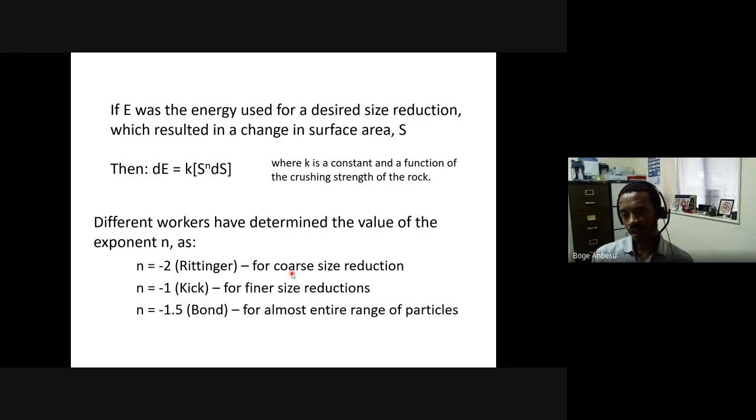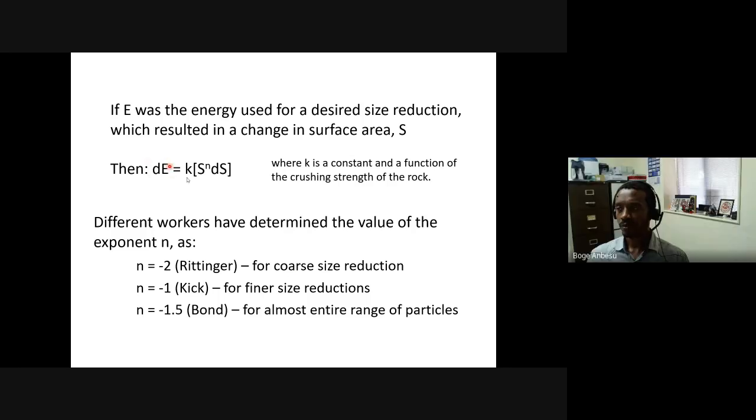You also need a factor for the hardness of the rock. How much energy I'm going to spend will also depend on how hard the rock is. And to account for that, we have a constant K, which is a function of the crushing strength of the rock. So generally speaking, we can use this expression here.